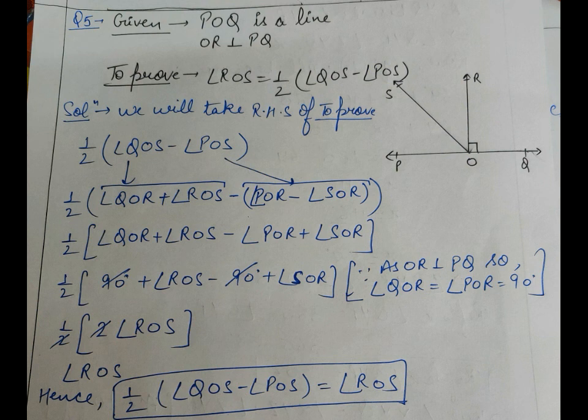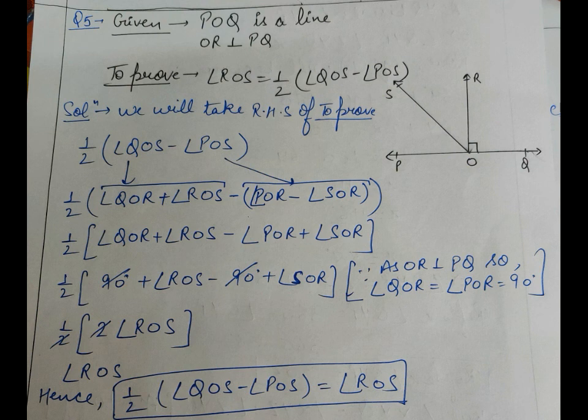Now in the next step what can we write? We can write angle QOR as 90 degrees and angle POR as 90 degrees, because as it is given to us that OR is perpendicular to PQ, so angle QOR is equal to angle POR is equal to 90 degrees. So we can write this step as half of 90 degrees plus angle ROS minus 90 degrees plus angle SOR.